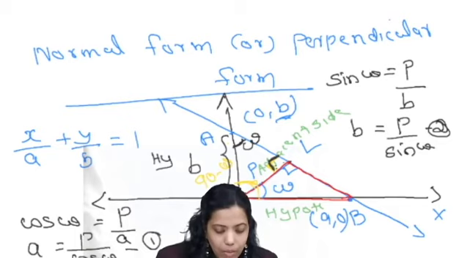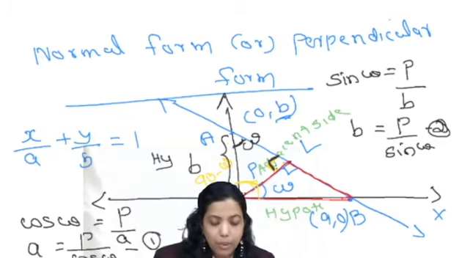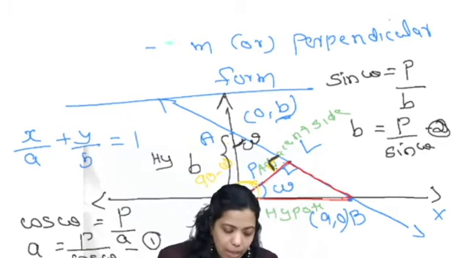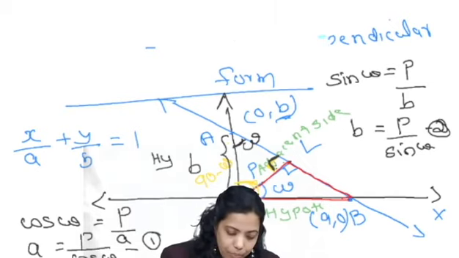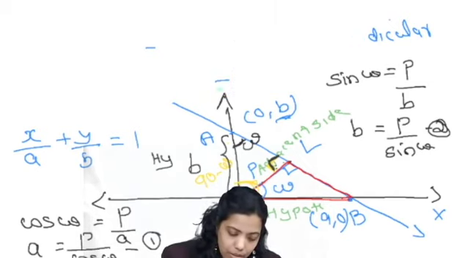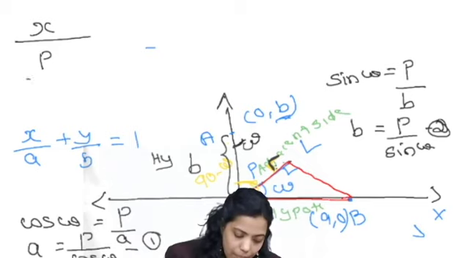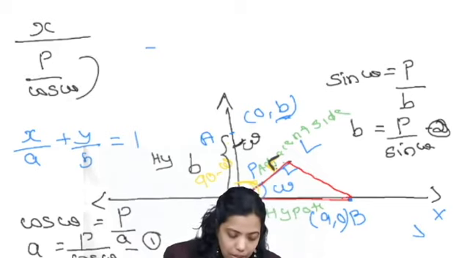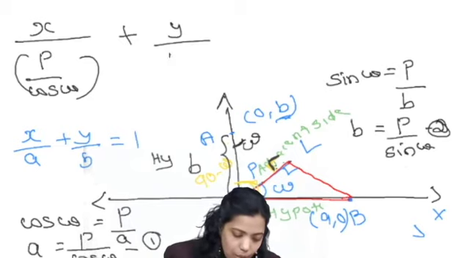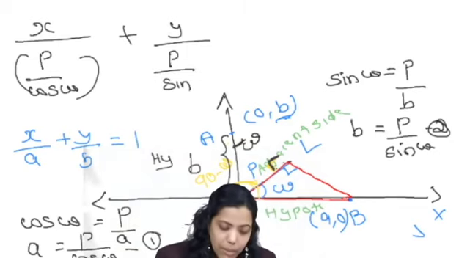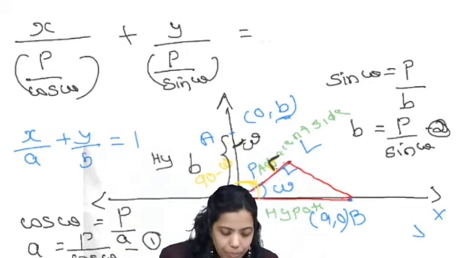Once we have the values of a and b, we can substitute back into the equation x by a plus y by b equal to 1. So x by a means x divided by p by cos omega, plus y by b means y divided by p by sine omega, equal to 1.